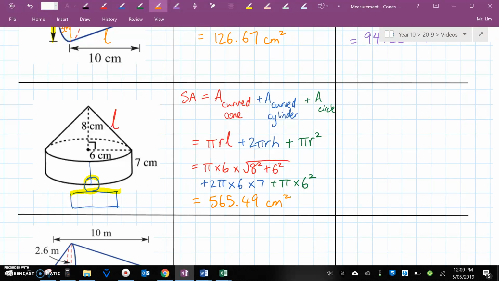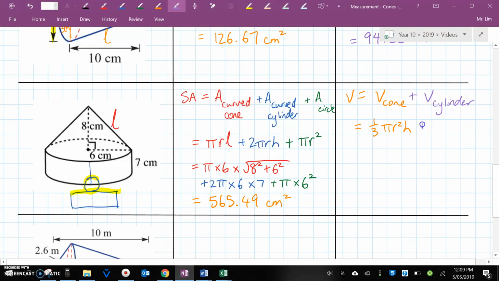Okay, to work out the volume, we've got the volume of a cone, and we have the volume of a cylinder. The volume of a cone is 1/3 pi r squared h.